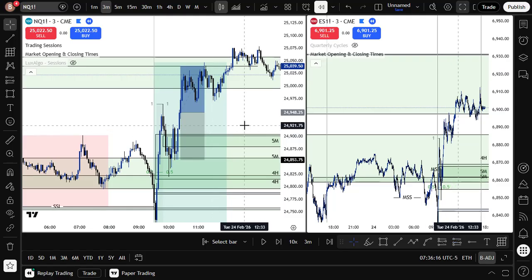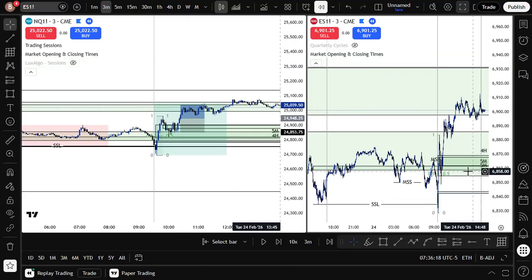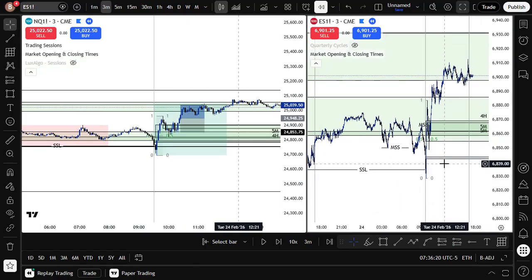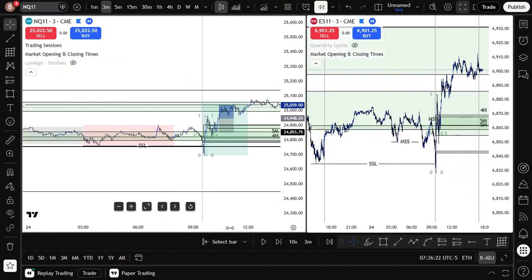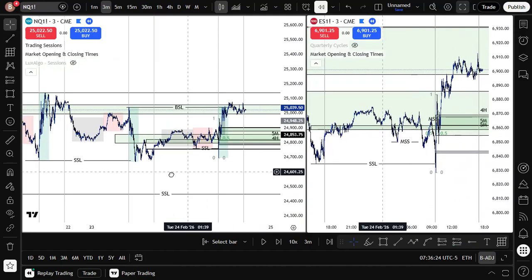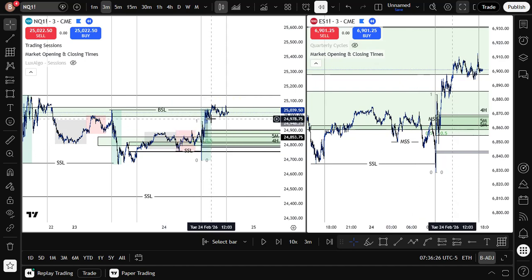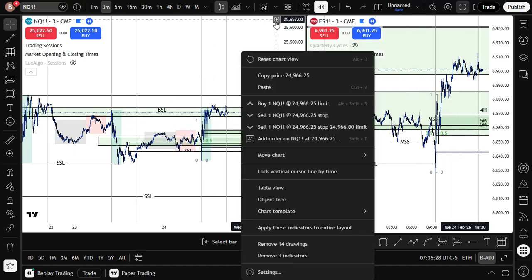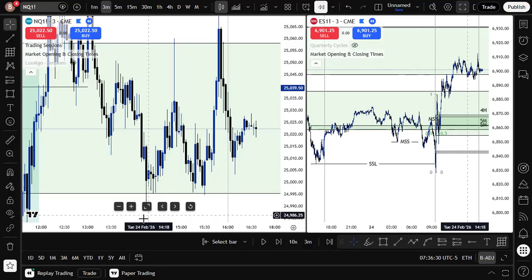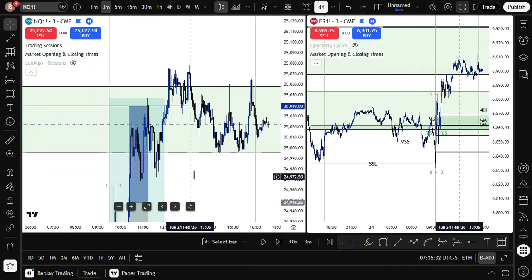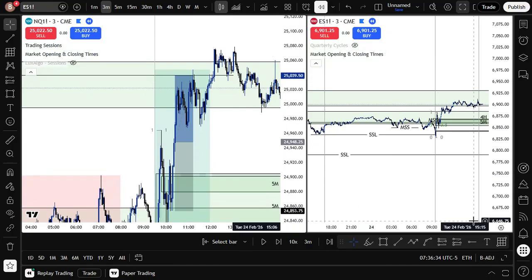which one is stronger? So that's my question. I'm not sure which pair is stronger, but I entered on Nasdaq, so let's just consider the Nasdaq for now. Wait, I need to find out which is stronger.